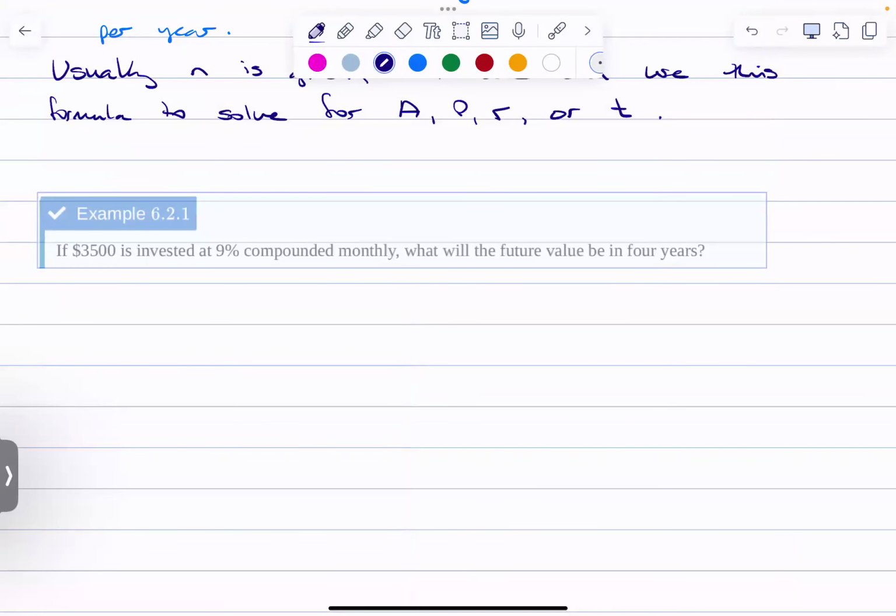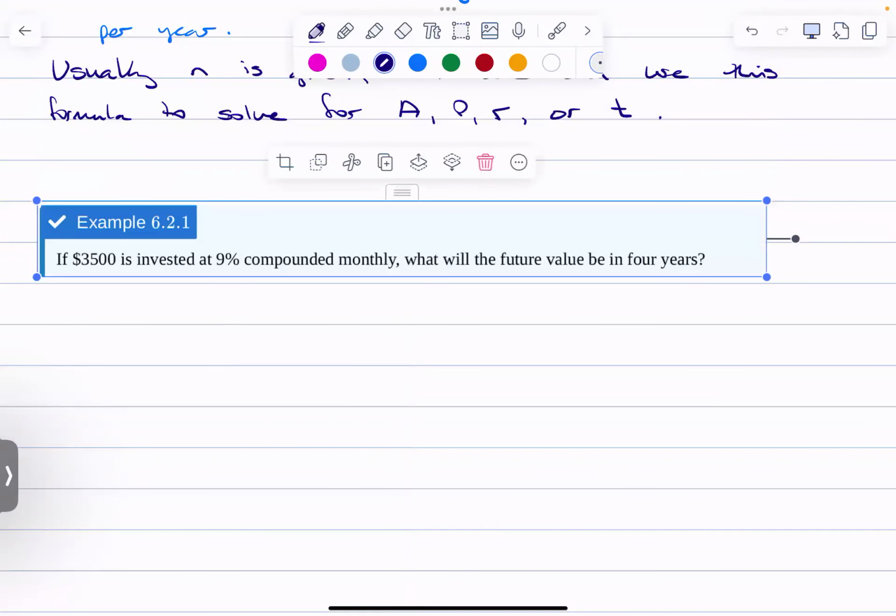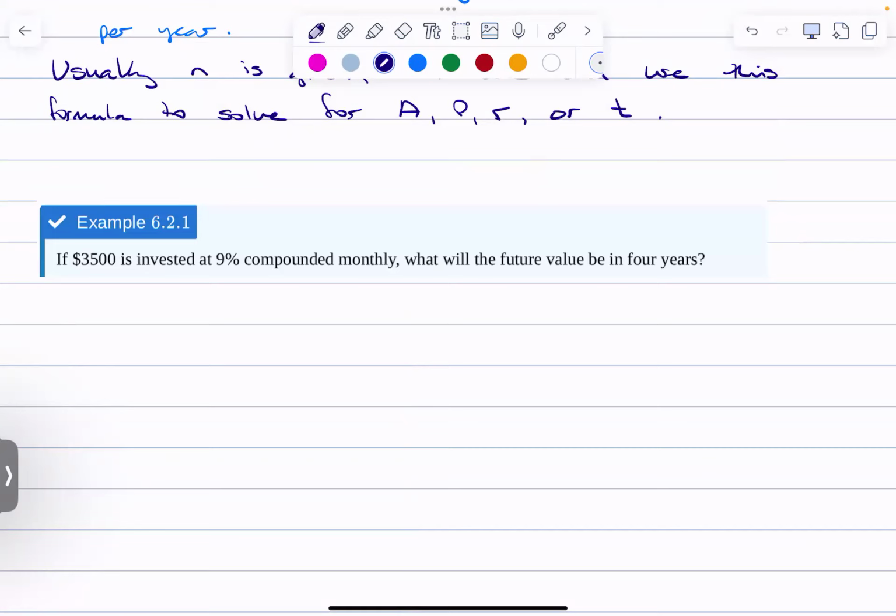I'll give a little bit of space up above here so we can label what it is that we're solving for. Our first example is: if $3,500 is invested at 9% compounded monthly. Remember, on the test and on the final exam, you're going to have to figure out whether to use your simple interest formula or your compound interest formula.